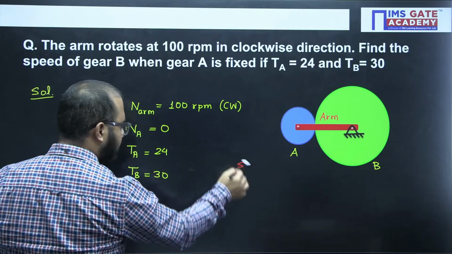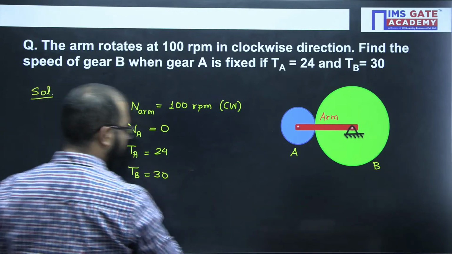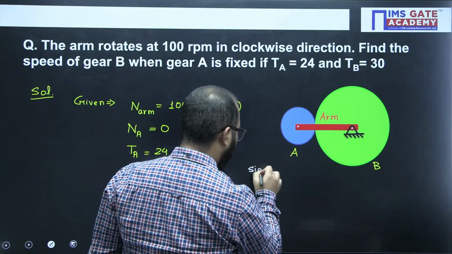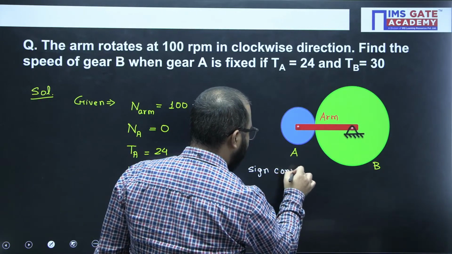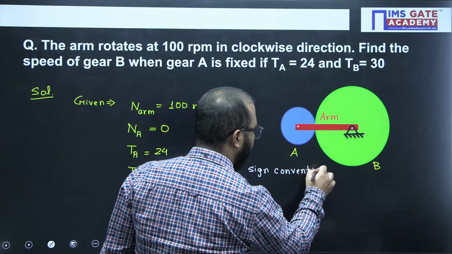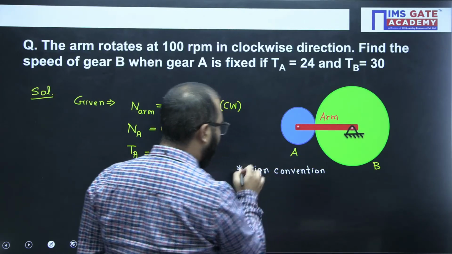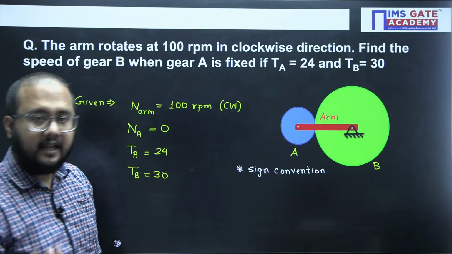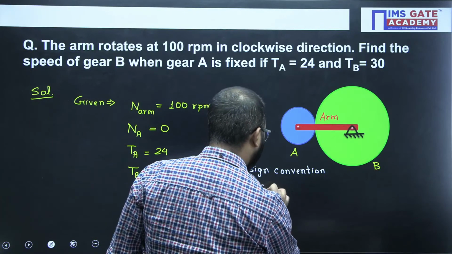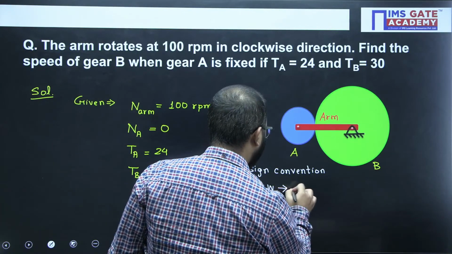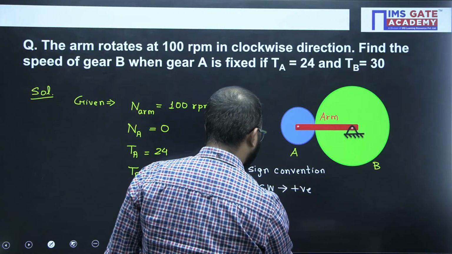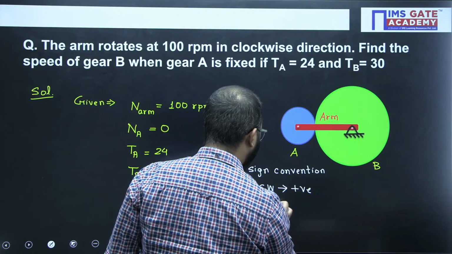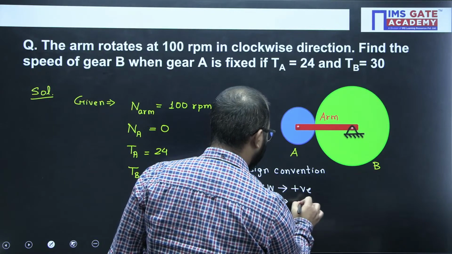This sign convention also you should keep in your mind whenever solving gear train problems. Ultimately the sign convention depends upon you. Whatever sign convention you follow, accordingly you will get the answers. Let us assume for clockwise I am taking positive sign and for counterclockwise or anti-clockwise I will consider the negative sign.